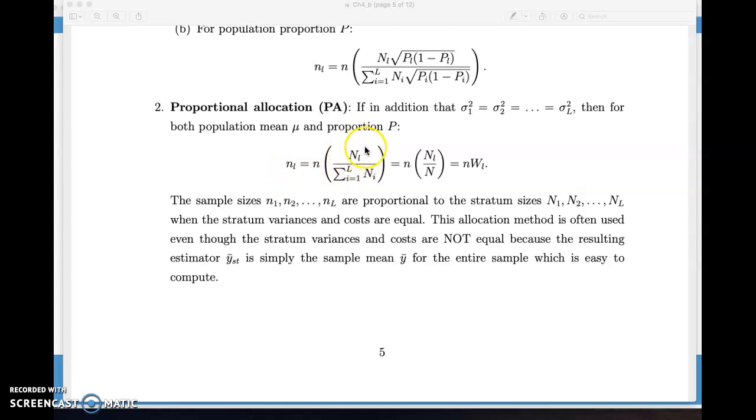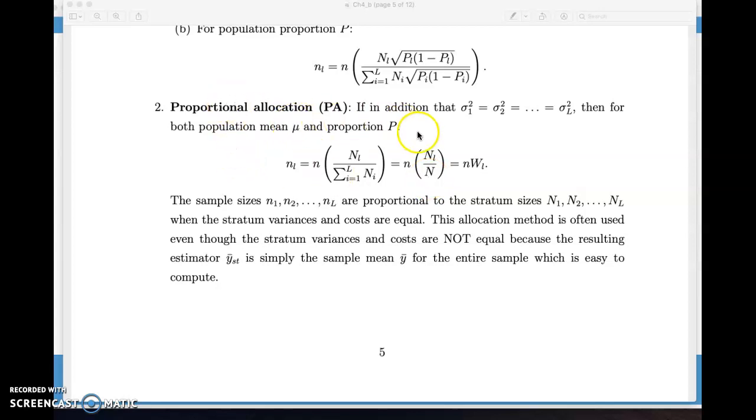So to calculate nL, we use the population of the L stratum with respect to the total population. We multiply our n times NL out of the total population N.